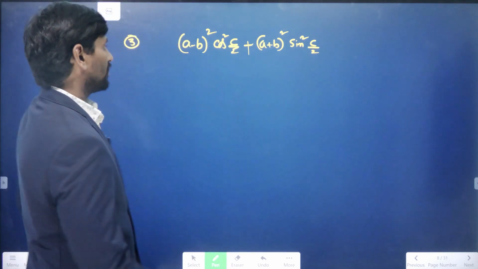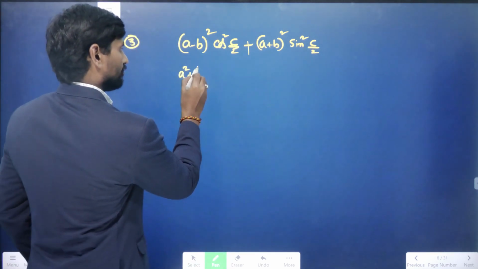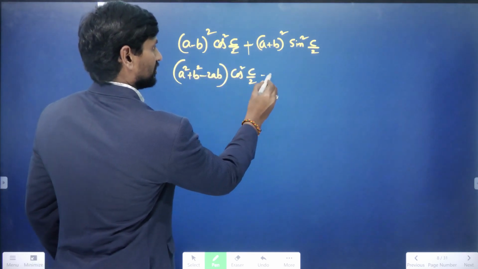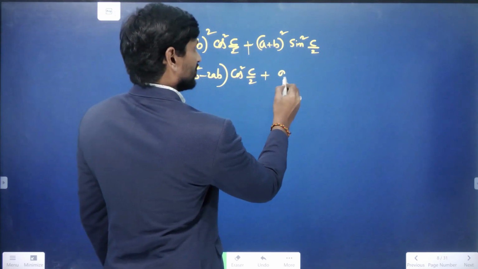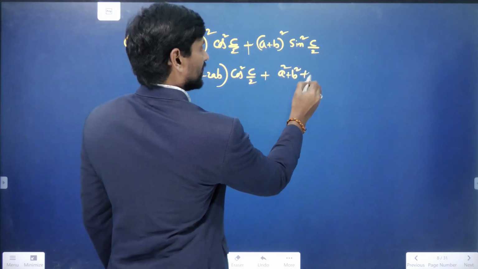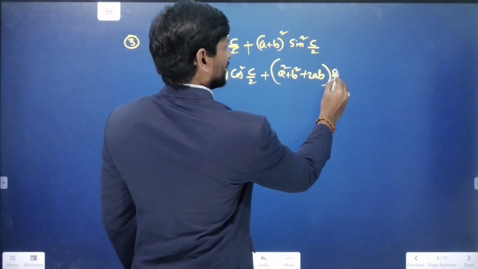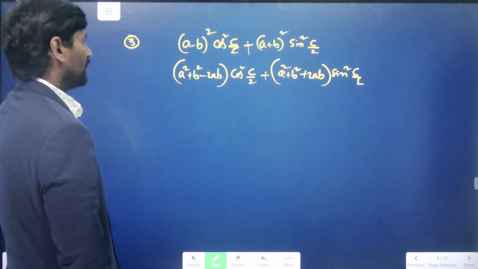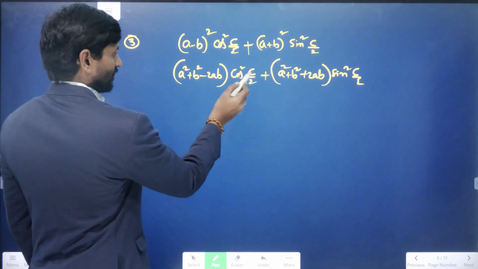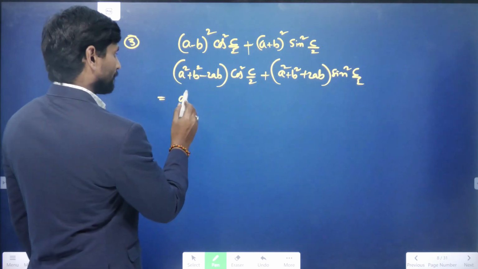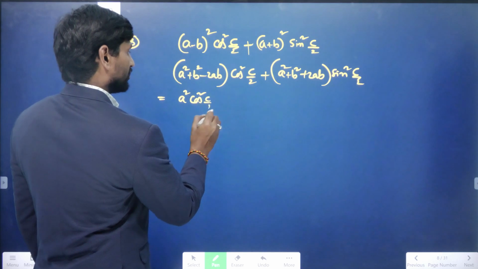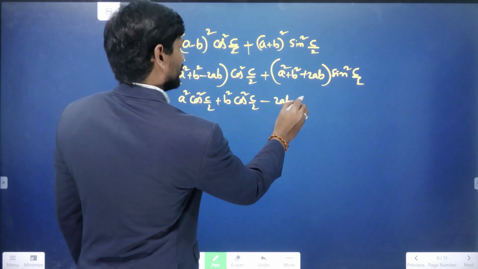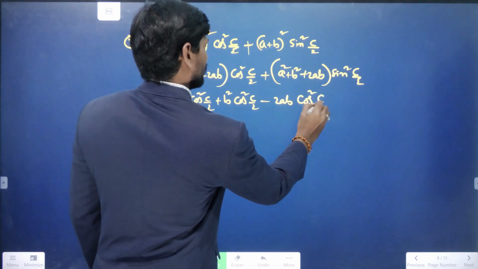What is the A minus B whole square formula here? A square plus B square minus 2AB, into cos square C by 2. And here the A plus B whole square formula, A square plus B square plus 2AB, into sin square C by 2. Now I am just multiplying: A square cos square C by 2 plus B square cos square C by 2 minus 2AB cos square C by 2.